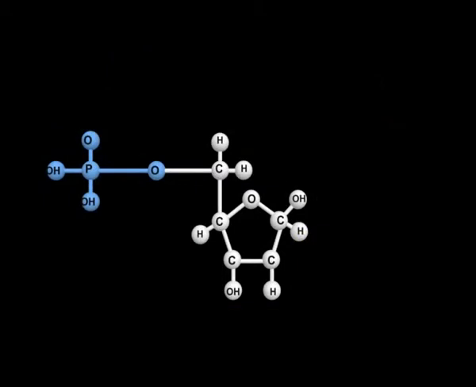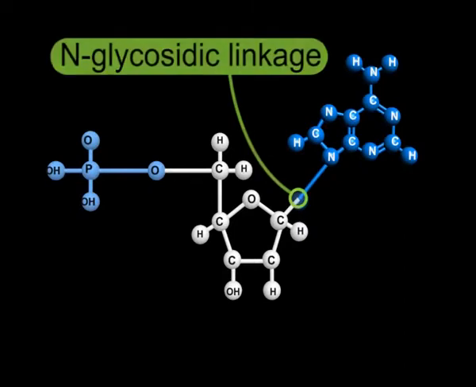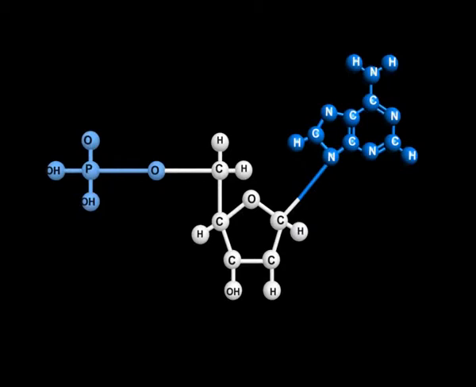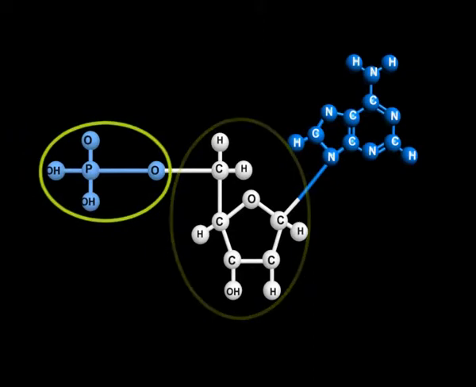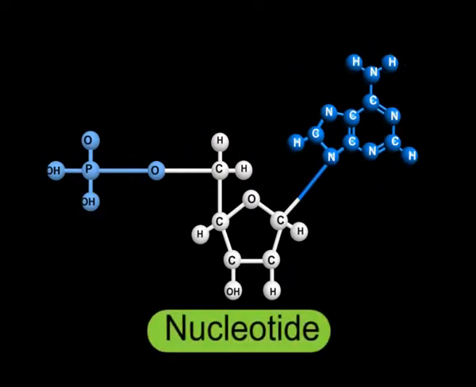A nitrogenous base is linked to the pentose sugar through an N-glycosidic linkage. The monomeric unit, composed of a phosphate group, a pentose sugar, and a nitrogenous base, is together known as nucleotide.